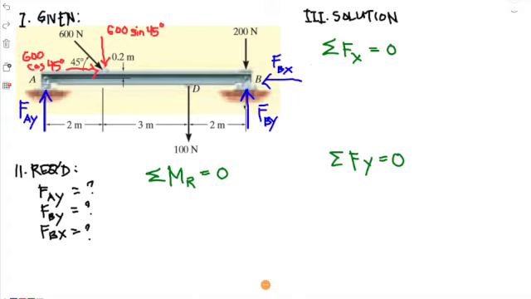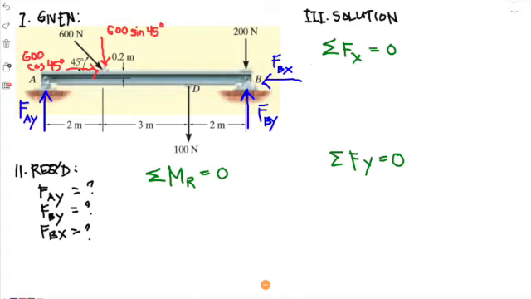Let's say we do a summation of forces just in our minds along the x-axis. What are the forces involved? The 600 newtons here is resolved into its components along the y and along the x. So this is 600 sine 45 and 600 cosine 45.